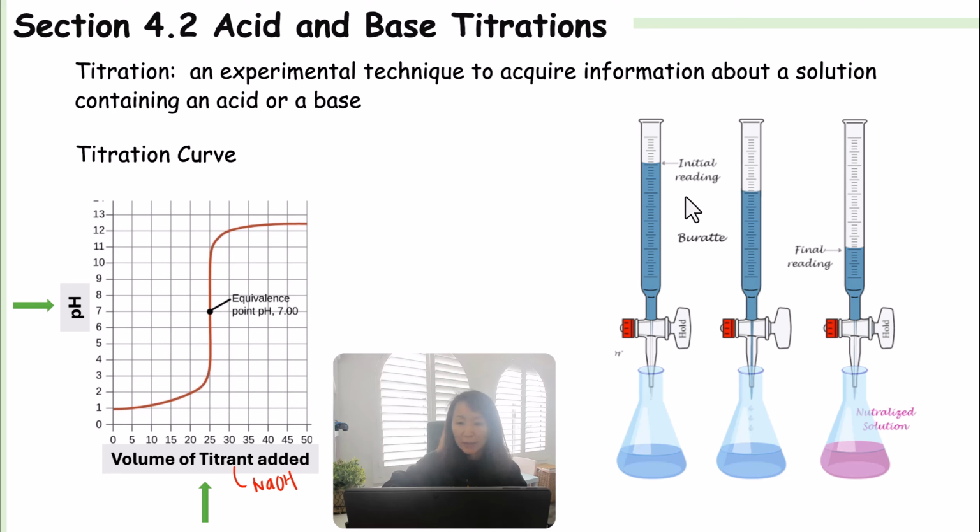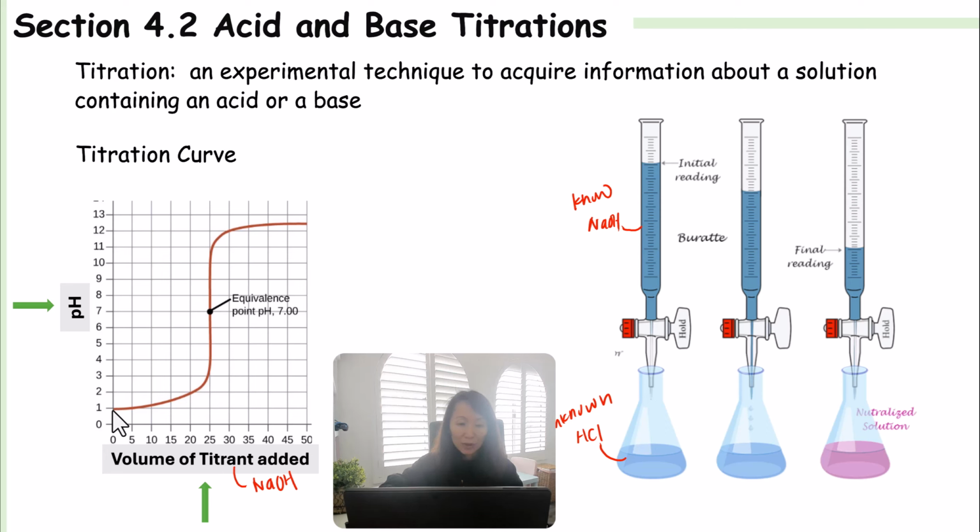So here's my base, NaOH, for example. And say the example for this acid is hydrochloric acid. So some kind of acid and some kind of base, but we know the concentration of the base, and we do not know the unknown concentration of the HCl. So let's look at the very beginning, before any titrant or any of the base has been added.